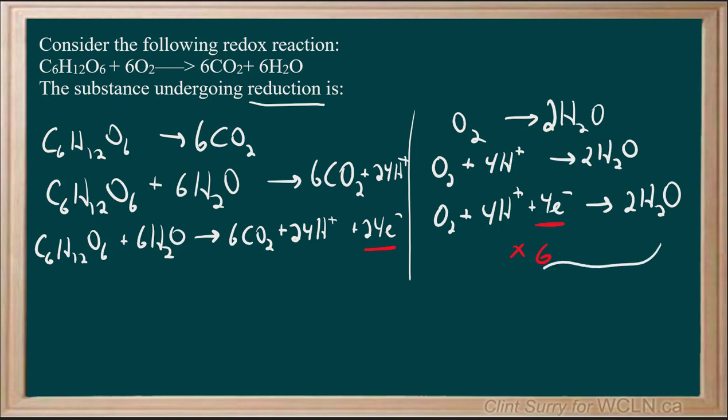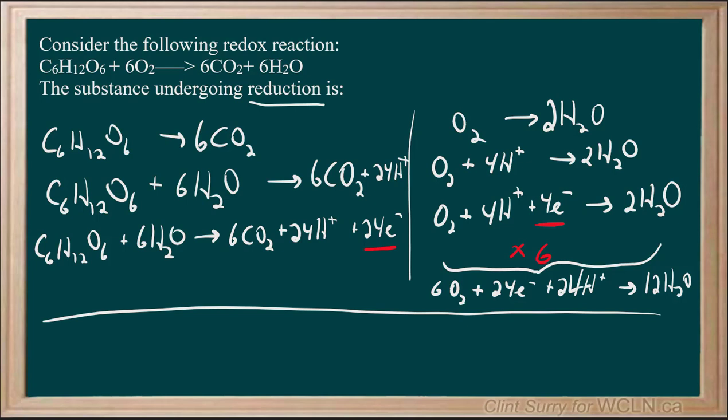So I end up with, after I'm done, 6O2 plus 24 electrons plus 24 hydrogen ions, making 12 H2O. And when I combine the two sides together, I end up with C6H12O6, that one's done, plus 6H2O, that one's done, plus 6O2, that one's done.